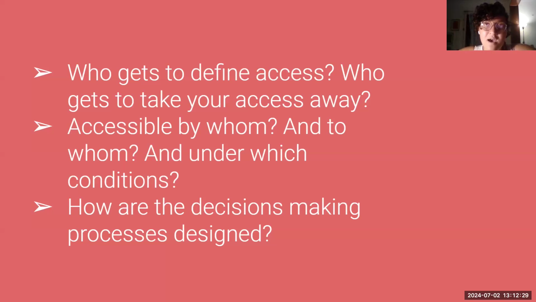Given the complex realities that we live in, when the story is no longer simple, I want you to ask yourselves: who gets to define access, and who gets to take your access away? Specifically, if we're thinking of the internet as a space, accessible by whom and to whom and under which conditions? How are the decision-making processes designed?